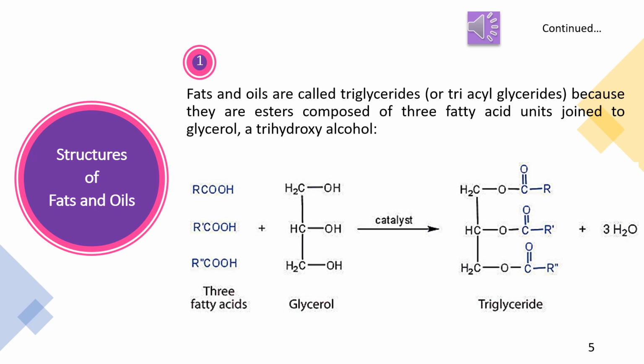So the structure of oils and fats is composed of 3 fatty acids that join glycerol in the presence of a catalyst and form a triglyceride, liberating 3 molecules of water. That's how the structure of fats and oils is formed.